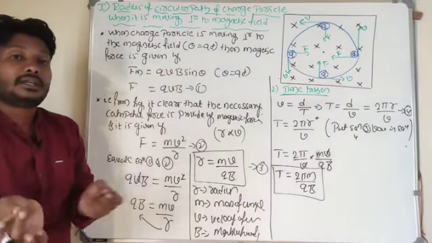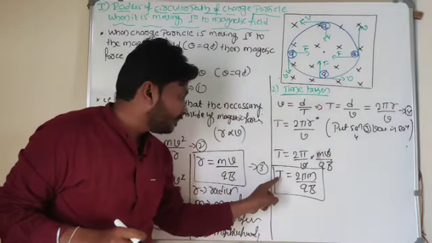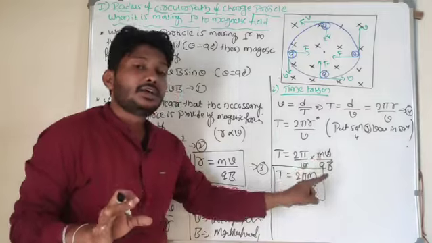So the expression for the time taken by the charge particle to complete one revolution is T is equal to 2 pi m by q into b.